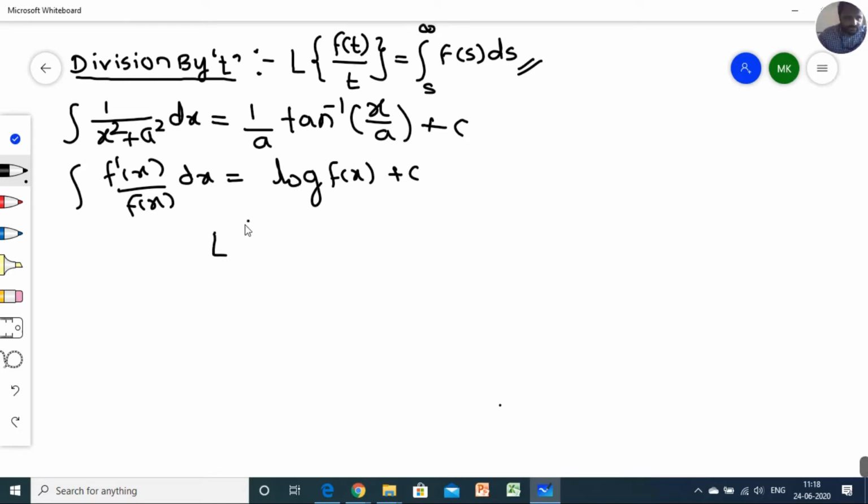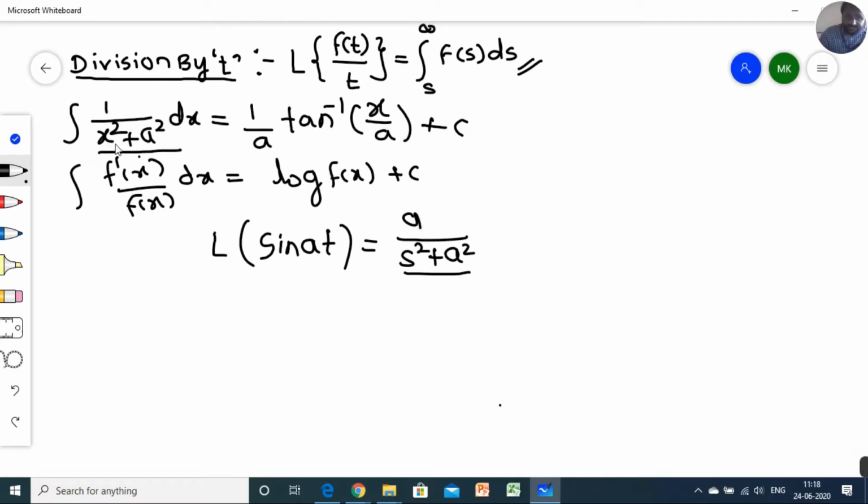Laplace of sine of at, I hope all of you are aware, is a upon s square plus a square. Just see this concept: s square plus a square can be clearly compared to x square plus a square, and the numerator is treated as a constant. The constant is treated here as a.